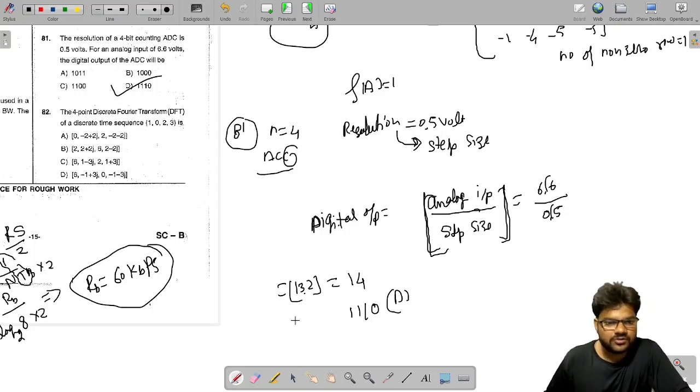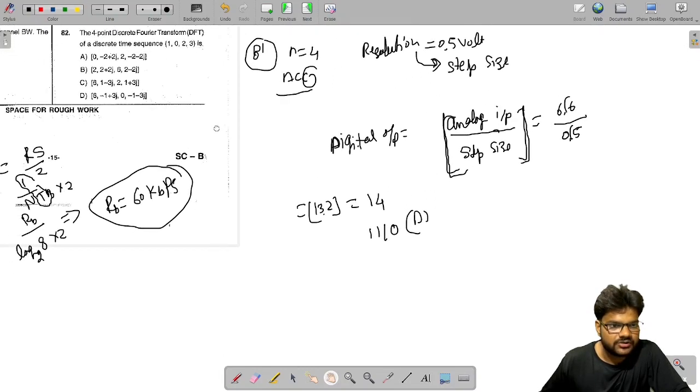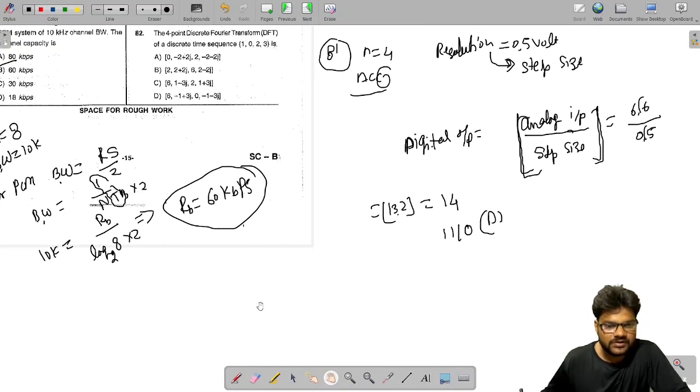So let's go to the next question. Question is 82. The 82nd question is from signals and systems, from DFT. The question is a 4-point DFT, so N equals 4, DFT of a discrete time sequence x[n].